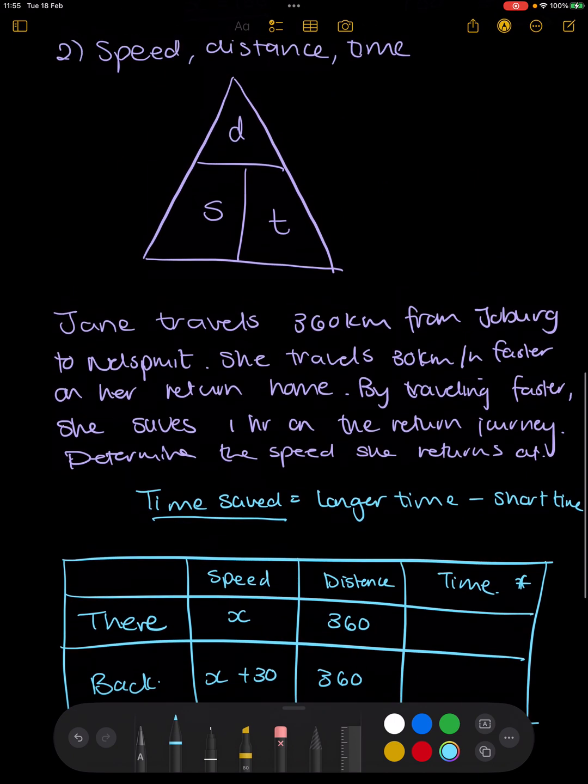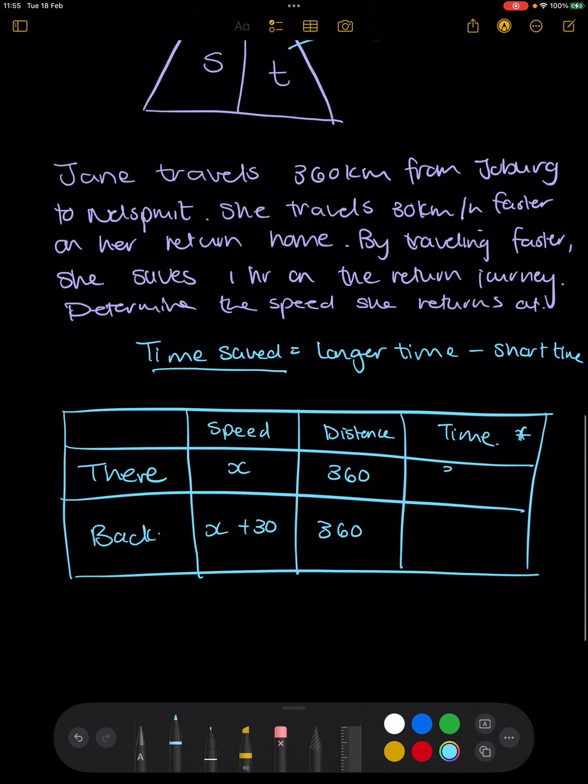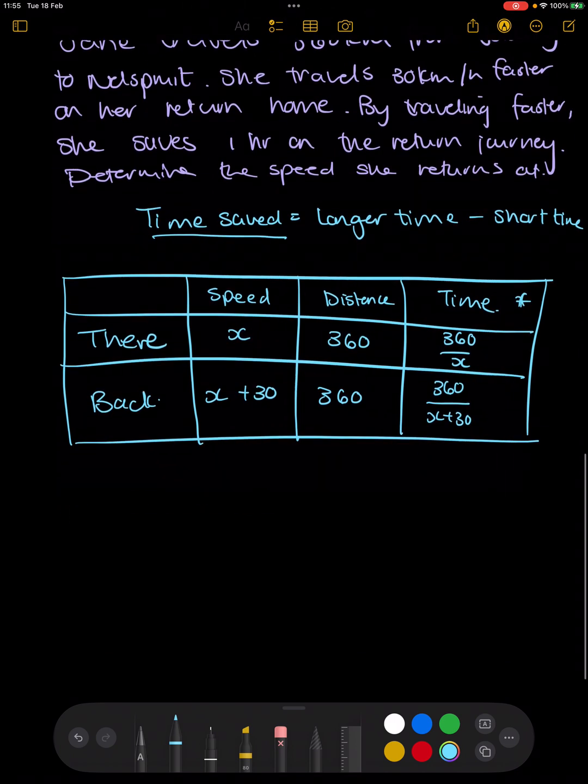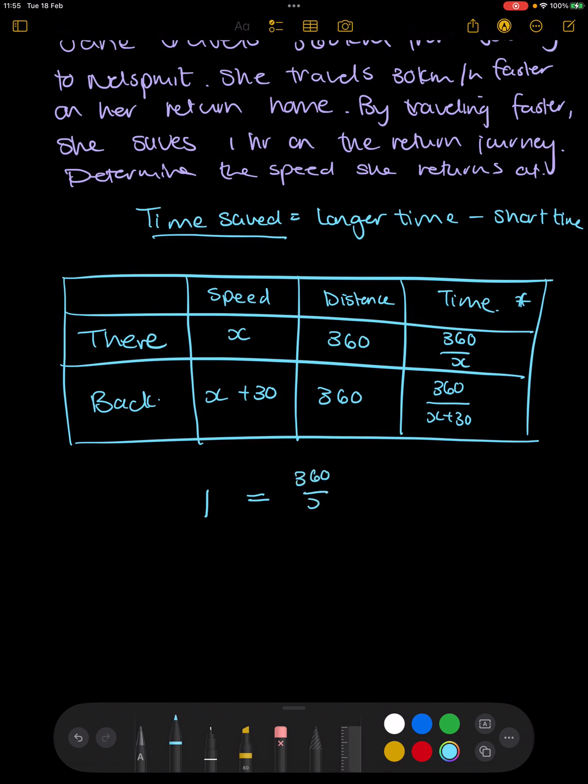Now, if I have a look over here at time, my time is distance divided by my speed. So now I can say 360 divided by X, and this one is 360 divided by X plus 30. Now, the time that I saved was 1 hour, and my longer time was 360 over X minus 360 over X plus 30.